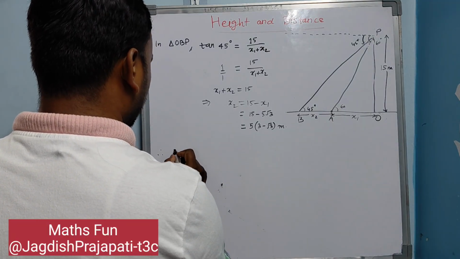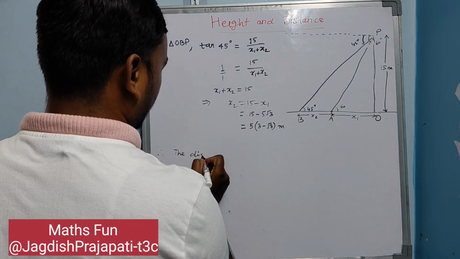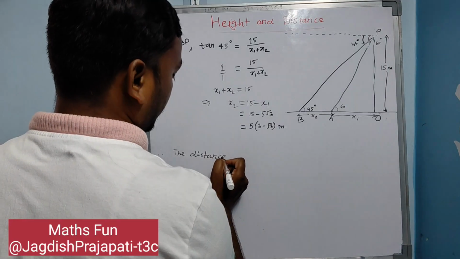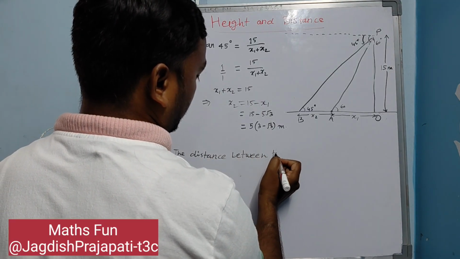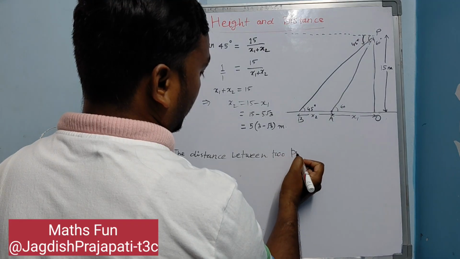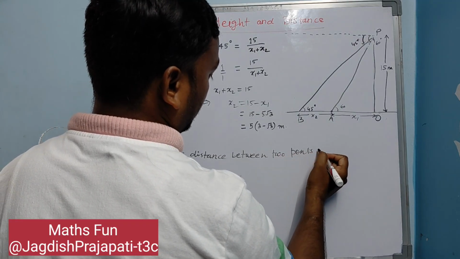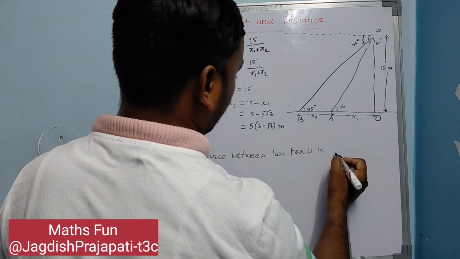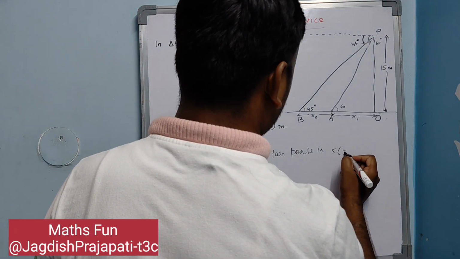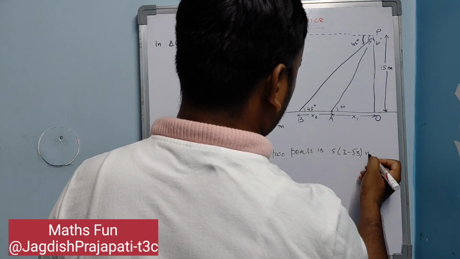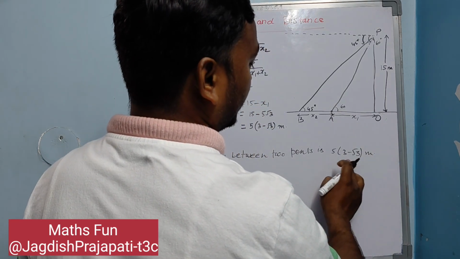Therefore the distance between 2 points is 5 times 3 minus under root 3 meter. You can simplify it.